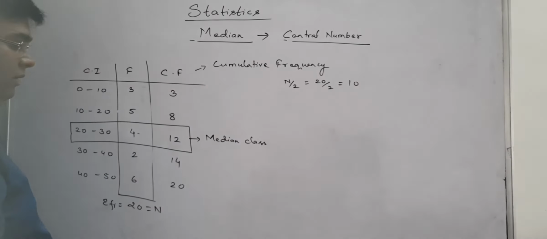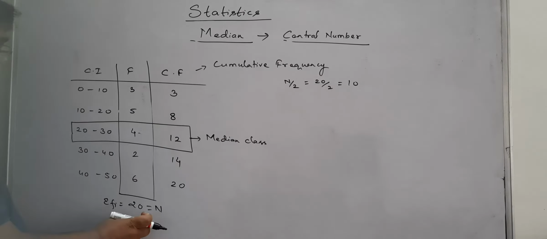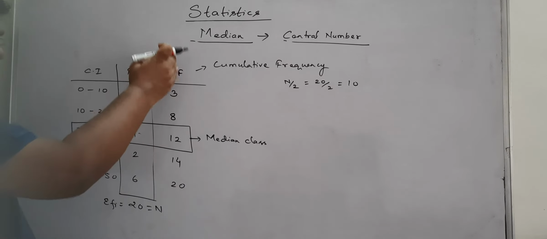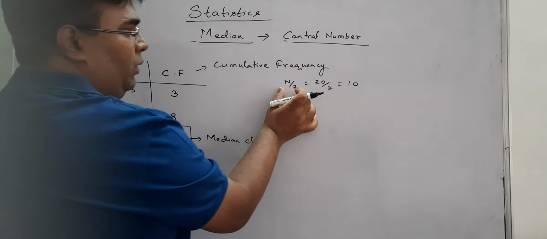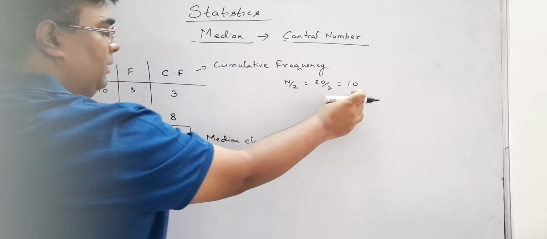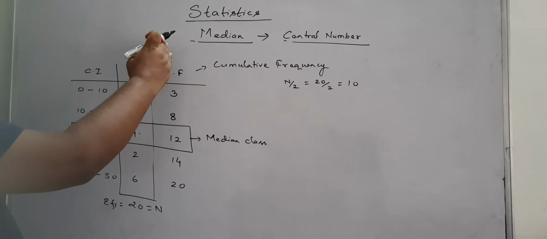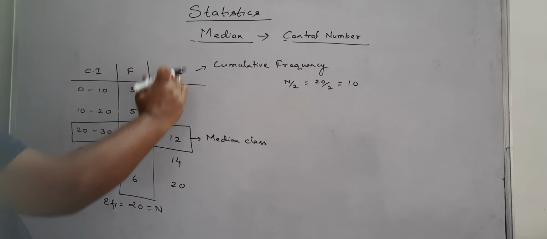Remember this, right? Every time you need to first calculate the CF, then find n, which is the sum of all frequencies. Then you need to find n by 2, and whatever number it is, you need to search for that number in CF, not in F, in CF.